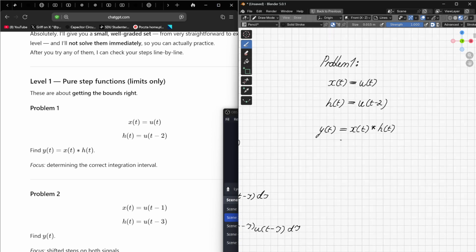And then we can write the convolution integral here.